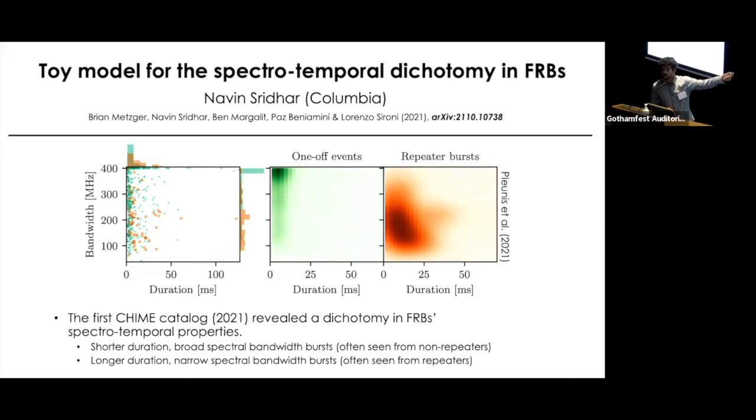Interestingly, the one-off events are narrower in width compared to the repeaters, and they are typically broadband compared to the repeaters. So the repeaters are wide in duration and narrow in their spectral widths compared to the one-offs. And we do not really know why that is, because repeaters and non-repeaters are expected to be coming from the same dispersion measures and the same distances.